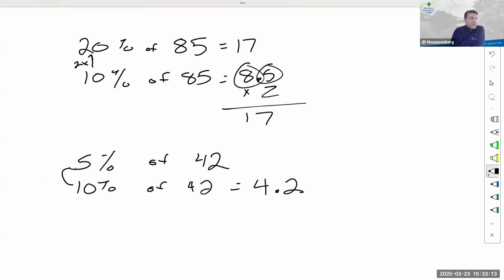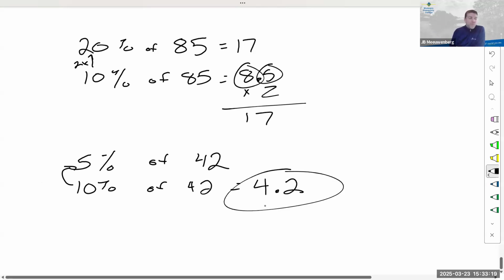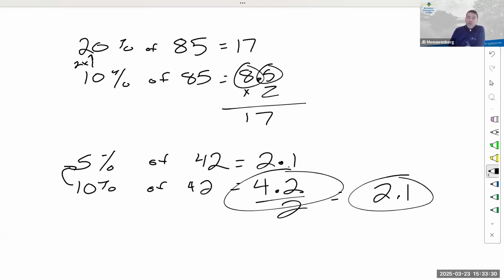How does 5% compare to 10%? It's half. And so what do you suppose half of 4.2 is? 2.1. So 5% of 42 is 2.1, 2 and 1/10.